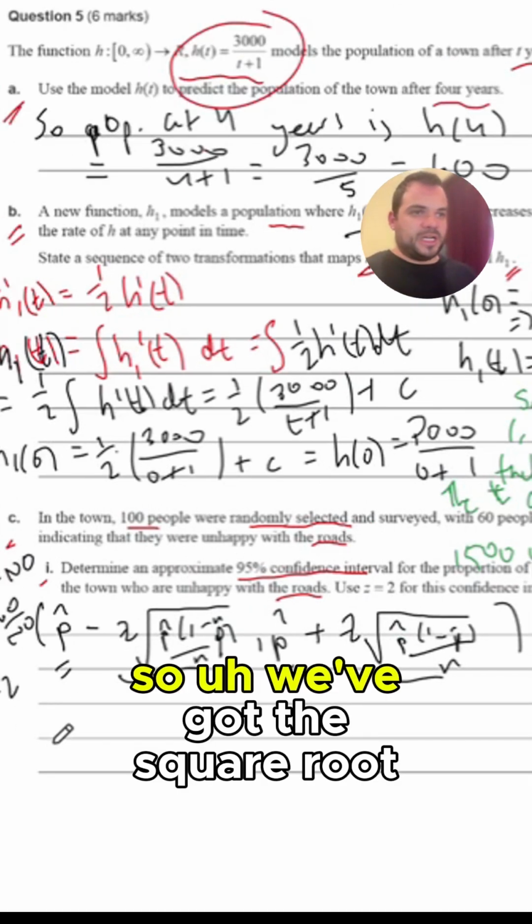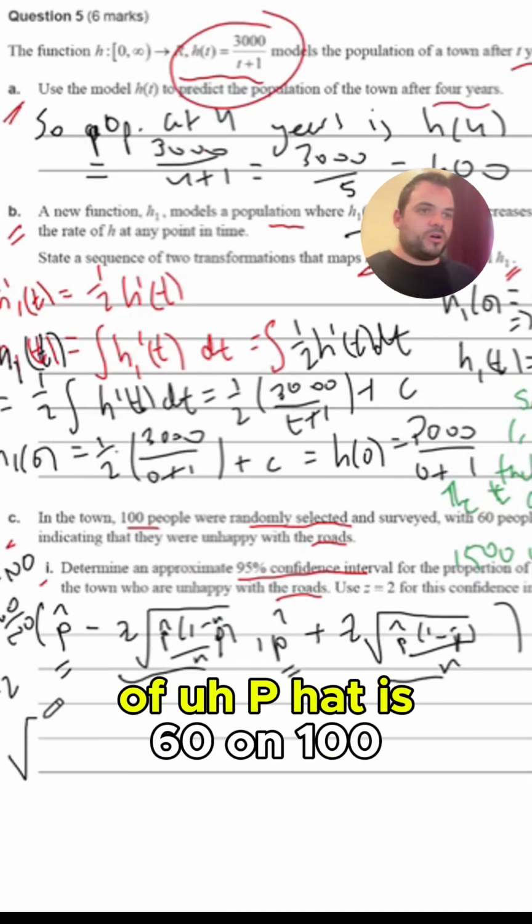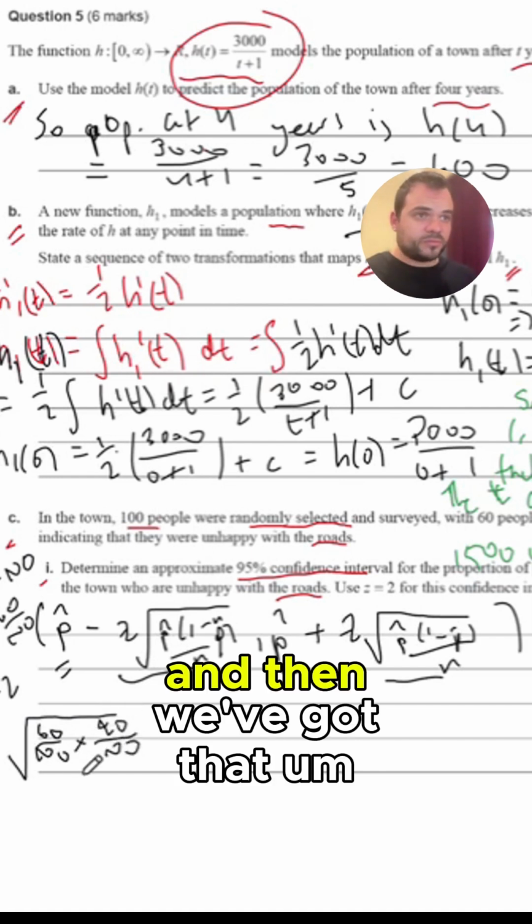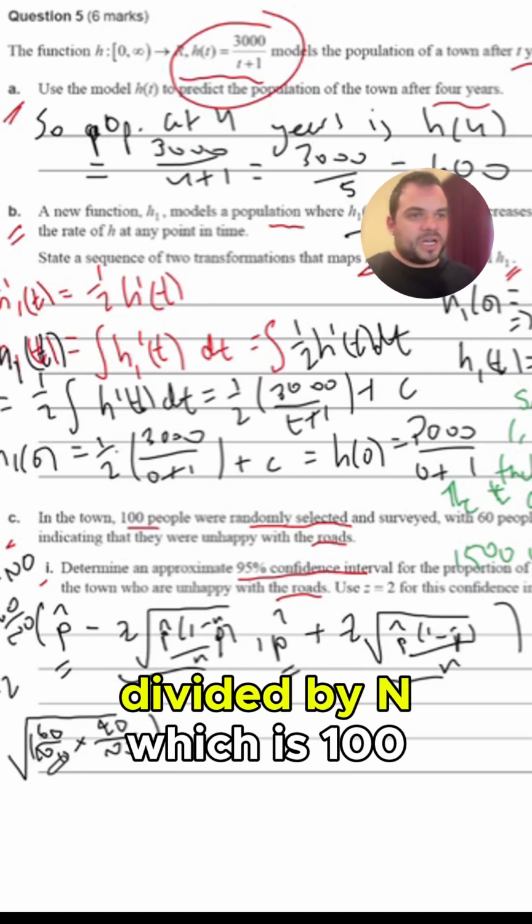So we've got the square root of p hat is 60 on 100. 1 minus p hat is clearly then 40 on 100. And then we've got that divided by n, which is 100.